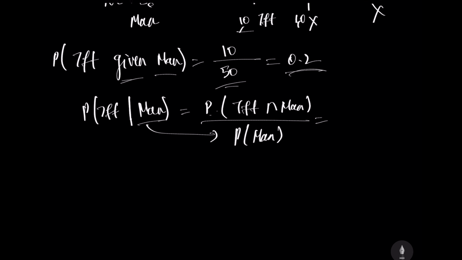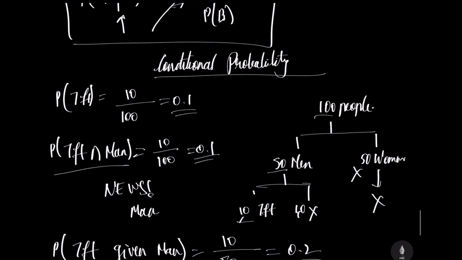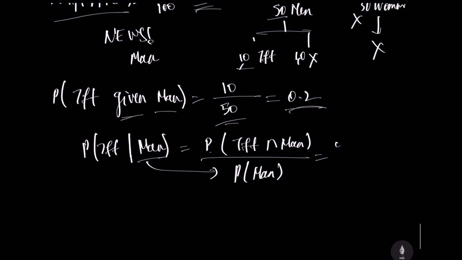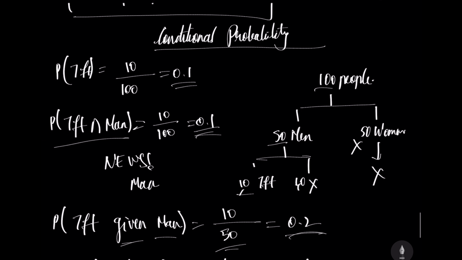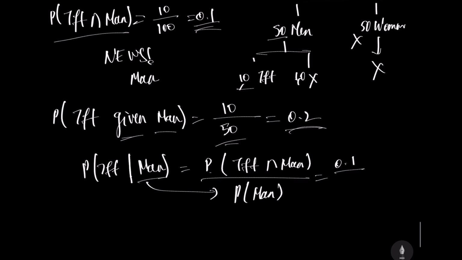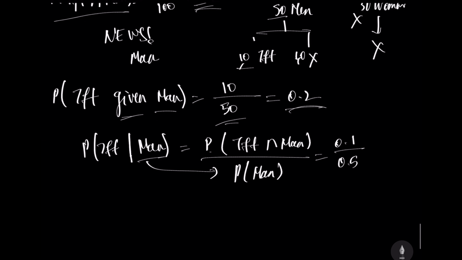We have already done this, that would be this, which is 0.1. So we add 0.1 here. We have no update here. What would be that? So it's 50-50. So that would be 0.5, right? Here we are not incorporating any update. We're just saying if we were to pick one person at random out of 100, what is the chance that the person is a man? So that's 0.5. We calculate this, that would be 0.2, which is precisely what we got.